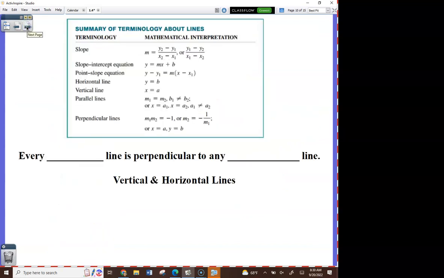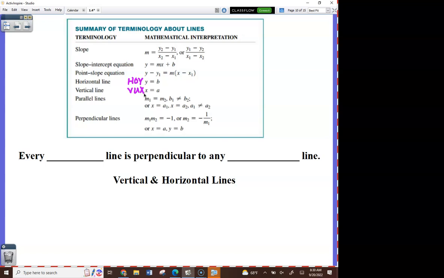All right, which brought us to this slide. If you look at this little box, it's got a summary of the stuff we've done: slope formula, slope-intercept, point slope. Then this is HOY VUX right here. This is HOY, and this is VUX.